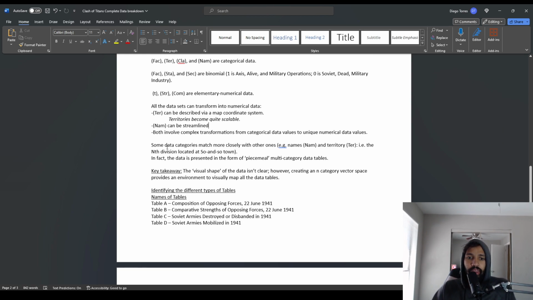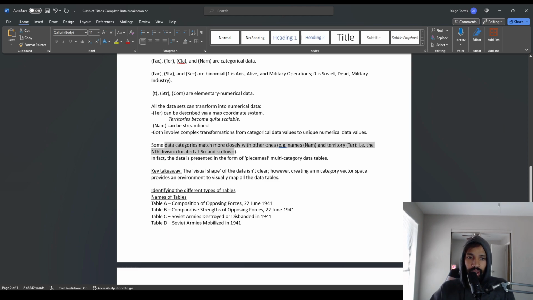And then the other thing to point out, and this is really where I think the magic of these data sets is going to come into play, is that some data categories match more closely with others. A good example, of course, is the name of a unit and its territory, aka the nth division. It can be any division located at so and so town, right? And that's usually how military historians present their data.